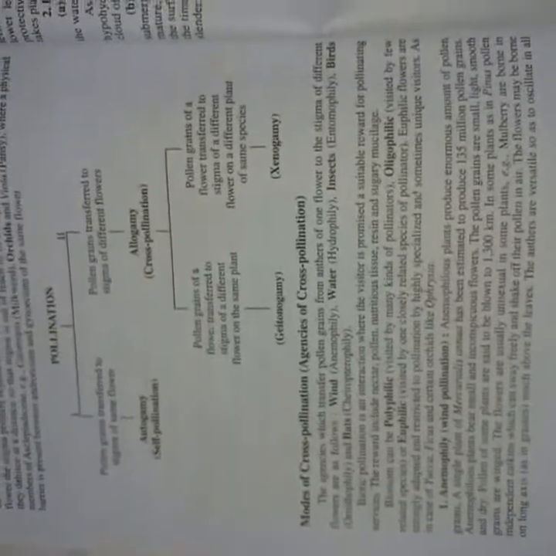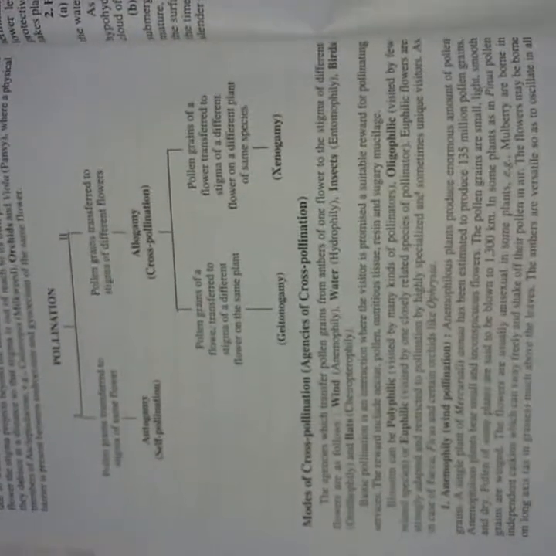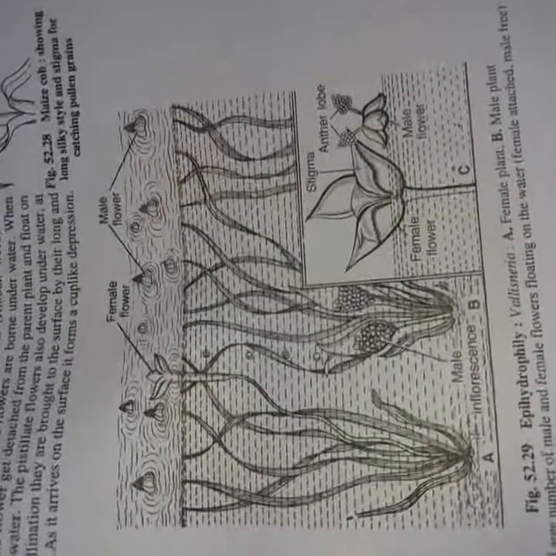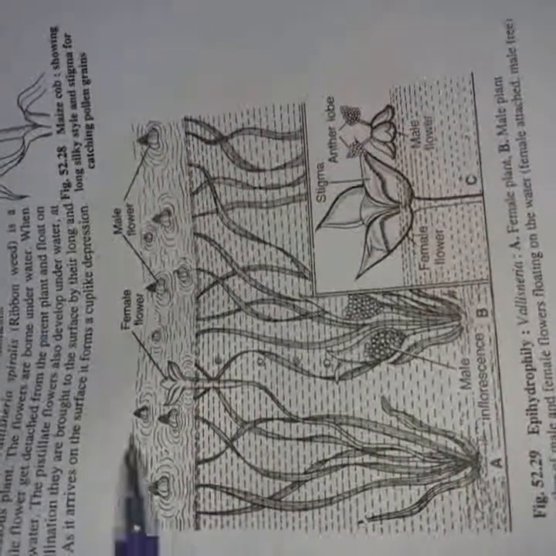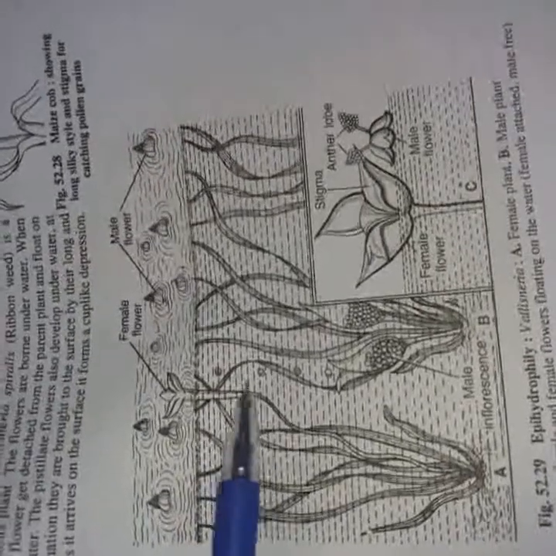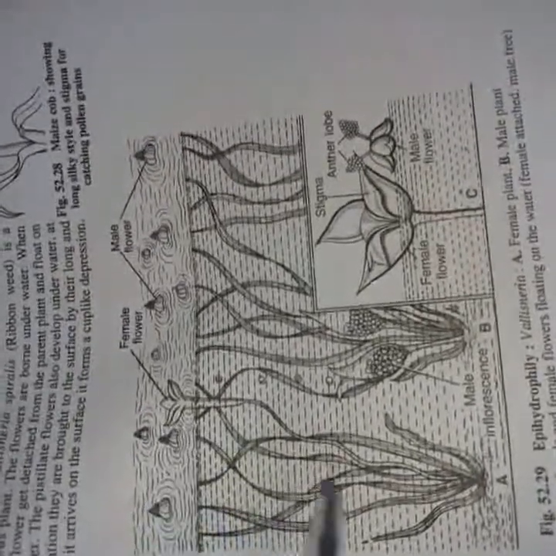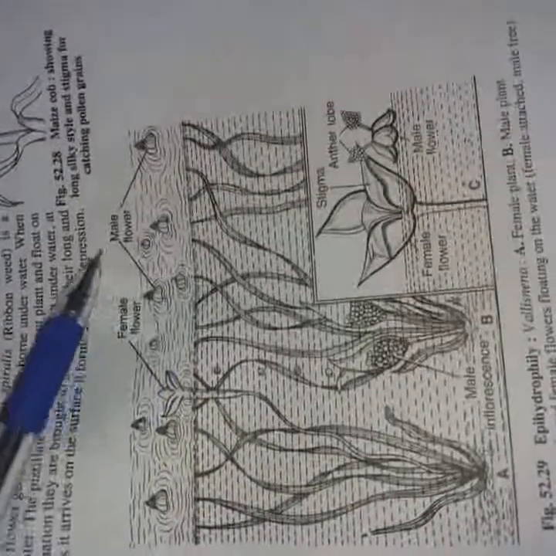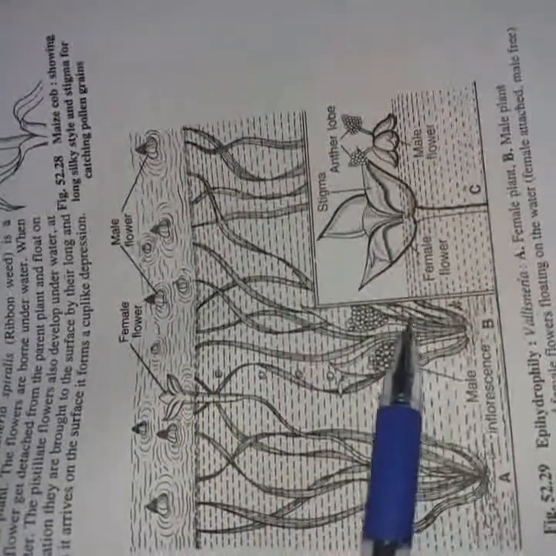And hydrophily, a cross pollination, is present mostly in aquatic plants. For example, Vallisneria. This structure is Vallisneria. These are the female flower of one plant and the male flower of another plant.